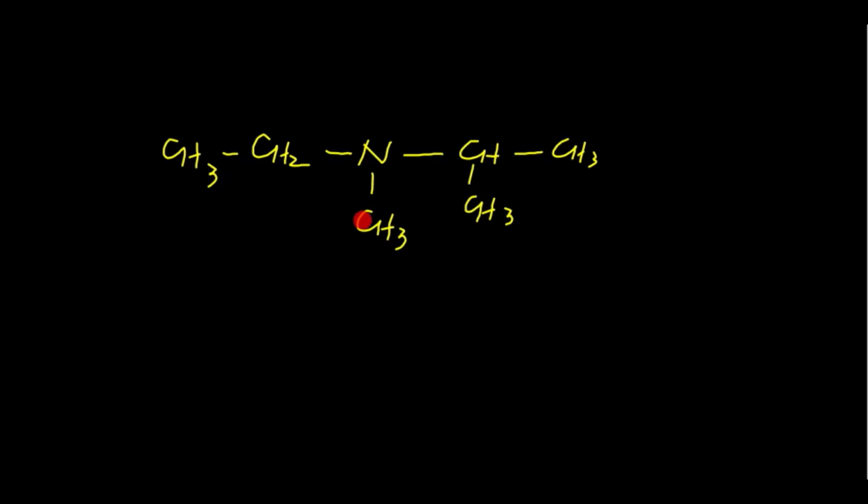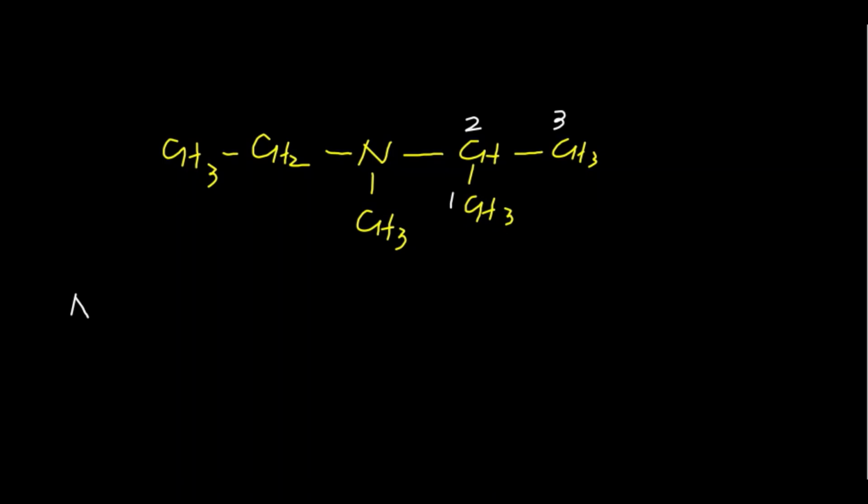Now, first of all, we will write the name of the parent chain. It would be 1, 2, 3. What is the position of amino group? Amino group is attached with second carbon. So it is 2-aminopropane. But there are 2 alkyl radicals which are attached with the nitrogen. So first of all, we will write ethyl radical.